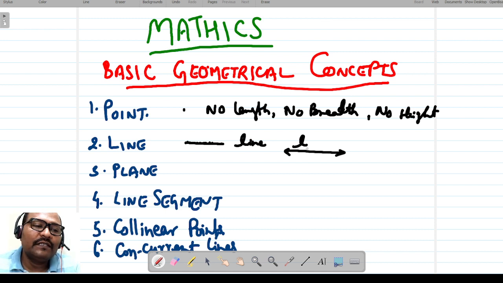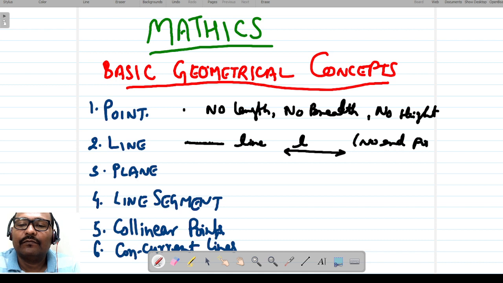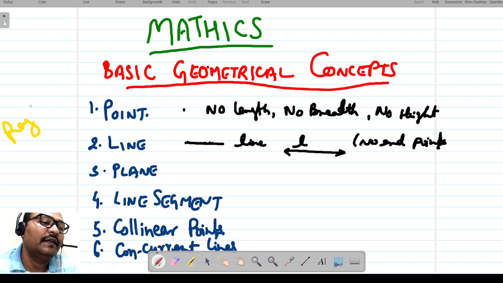One more term is there, ray. What is a ray? Ray is a line segment which is having one end point. Okay, line is having no end points, both sides extending, no end points, right? But for ray, what is this?